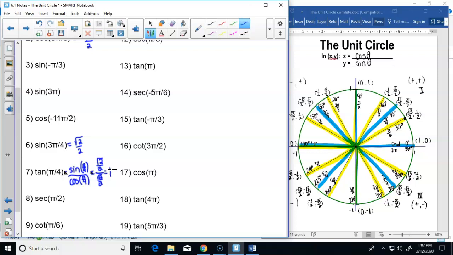Okay. Number 8 is secant of pi over 2. I can't find secant from the unit circle, but I can find 1 over cosine of pi over 2. And so if I look at the unit circle, pi over 2, I'm looking for cosine. Sydney, what do I get for cosine of pi over 2?